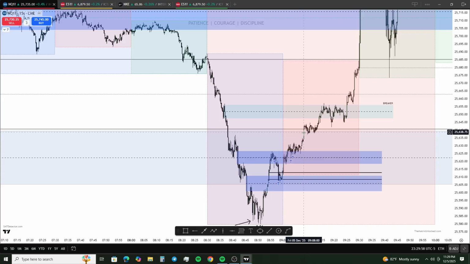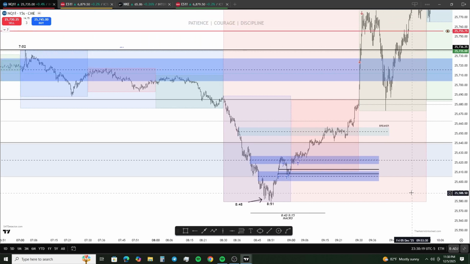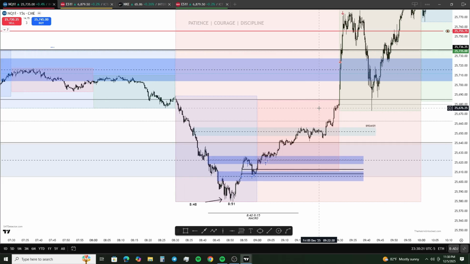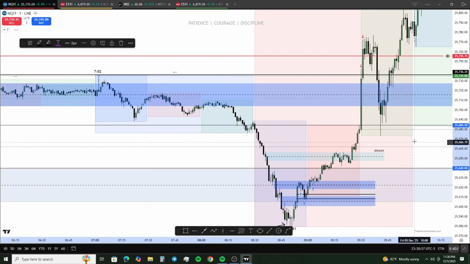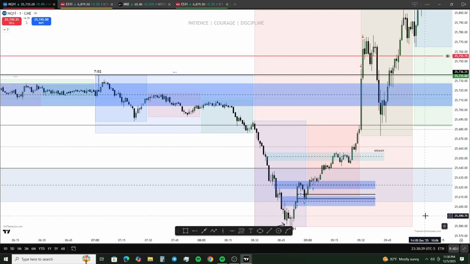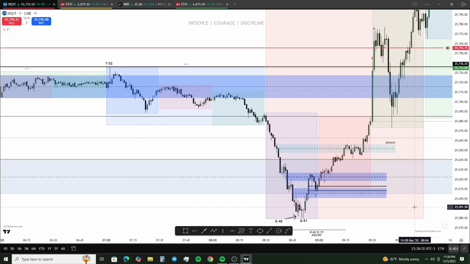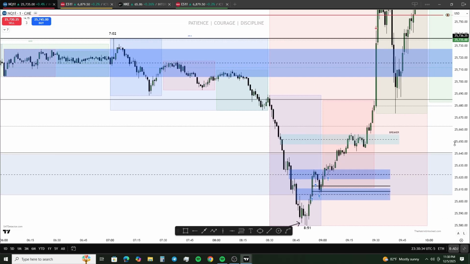Once I saw that that got displaced through and we started respecting this BC that was formed at 9:08, I moved my stop to below the 50% of the 8:45 SIBI, because price should never be reaching into this. And as you can see, 9:30 opens and we were just in a rush to get to that final target, which was resting at 7:55, and that was pretty much the trade right there, done.